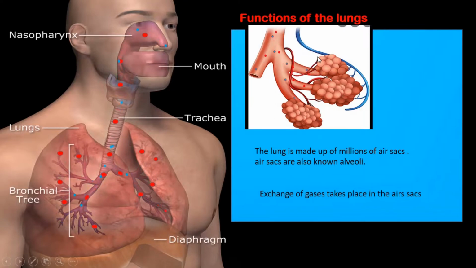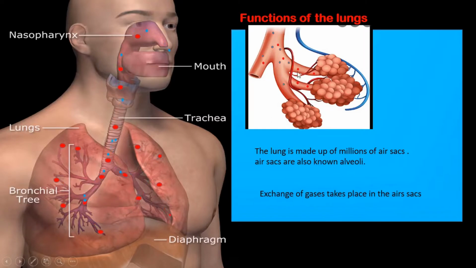The air sacs are surrounded by blood capillaries. The blue ones I'm using to indicate the capillaries that are carrying carbon dioxide, and the red ones are indicating the capillaries carrying oxygen.